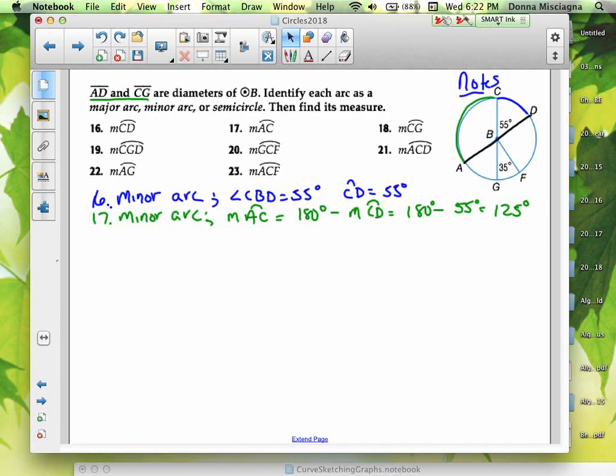Number 18. CG starts at C and goes to G, and it really doesn't make a difference which way I go. CG is a diameter, so we know that this is going to be a semicircle, and its endpoints are on the diameter.